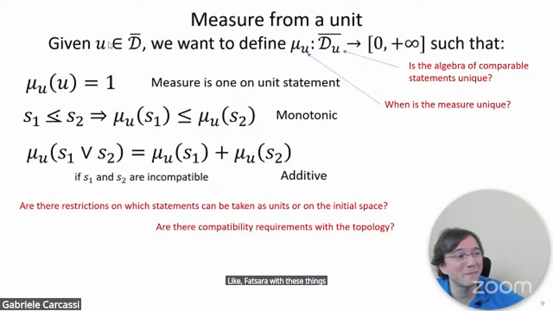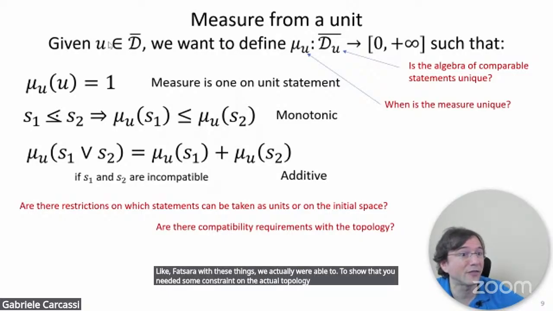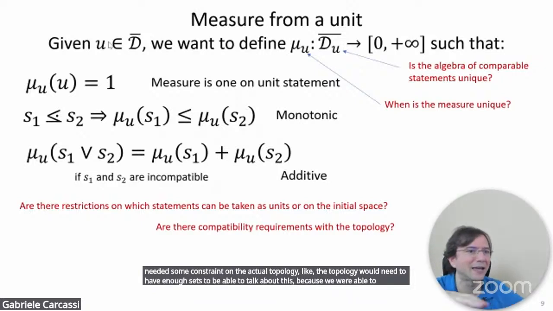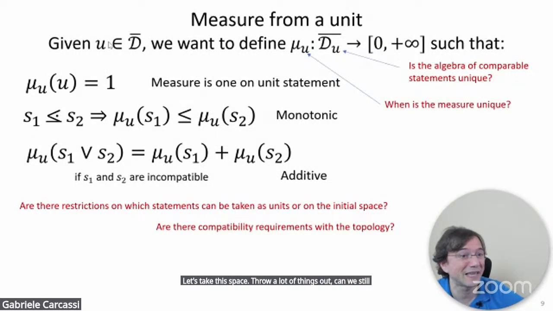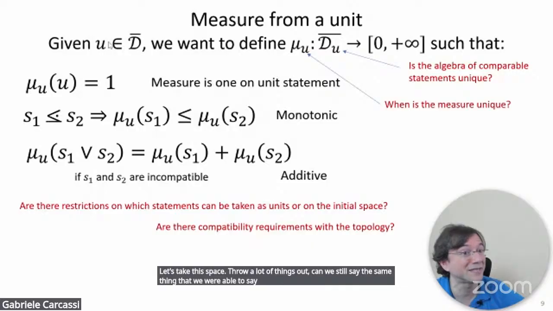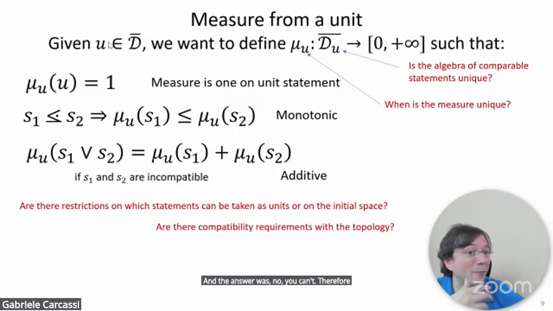We were able to show that you needed some constraint on the actual topology, like the topology would need to have enough sets to be able to talk about this, because we were able to say, okay, let's take this space, throw a lot of things out. Can we still say the same thing that we were able to say before with all the sets and all the points? And the answer was no, you can't. Therefore, you need some of these constraints.